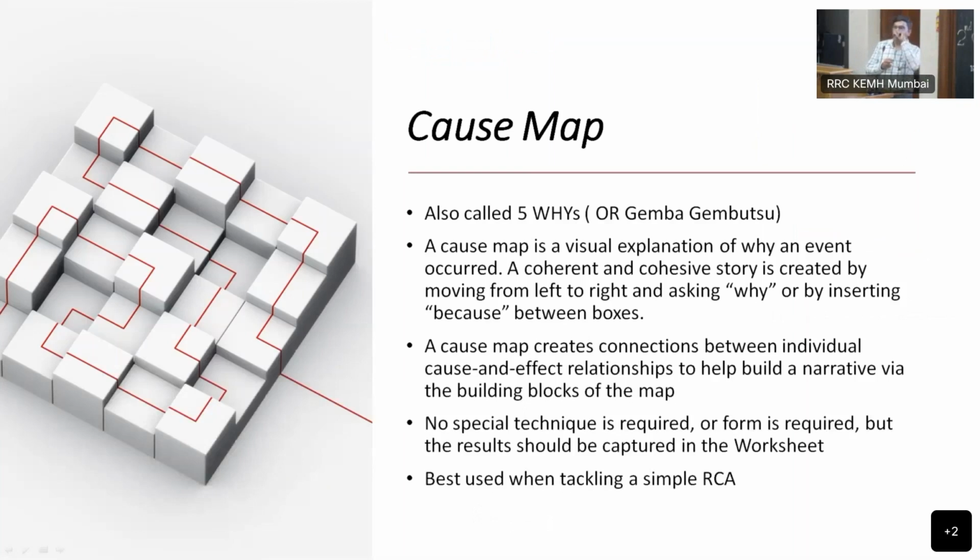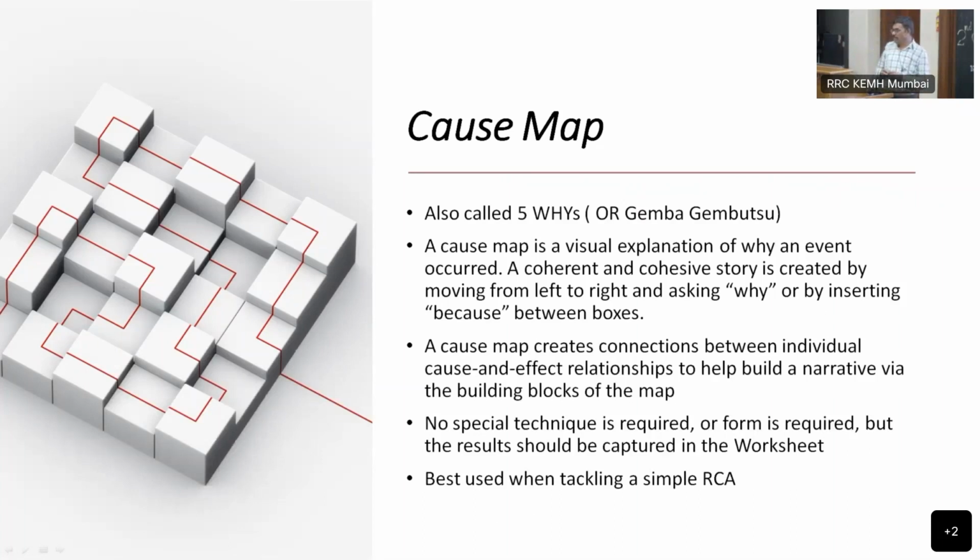And 5 Why or root cause analysis can be done not only in the laboratory, but in any other segment. You can use it whenever you want to do root cause analysis. This is a golden way of approaching any problem to find out the reasons.